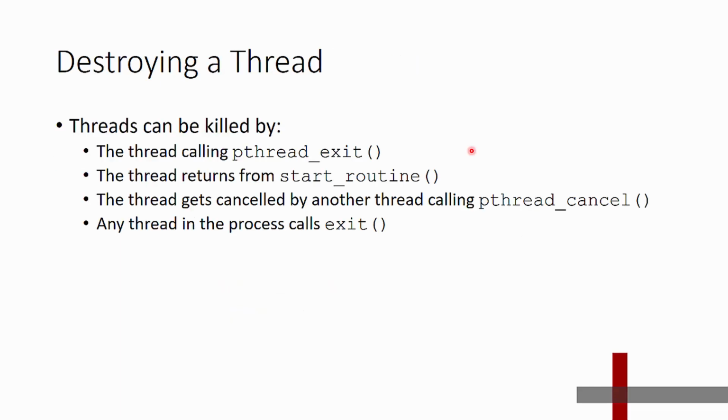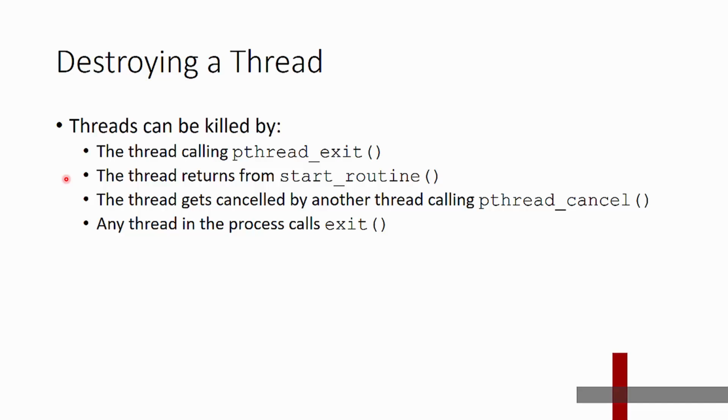To destroy a thread, we can use the pthread_exit function. This is the thread itself saying, all right, I'm done. Wherever I am, I'm going to stop running. So there are 4 different ways to kill a thread. The easy one is the thread just kills itself off wherever it wants. The second one is that the thread finishes. If it reaches the bottom of its routine, the function that it was told to start on, that's it. It's all done.